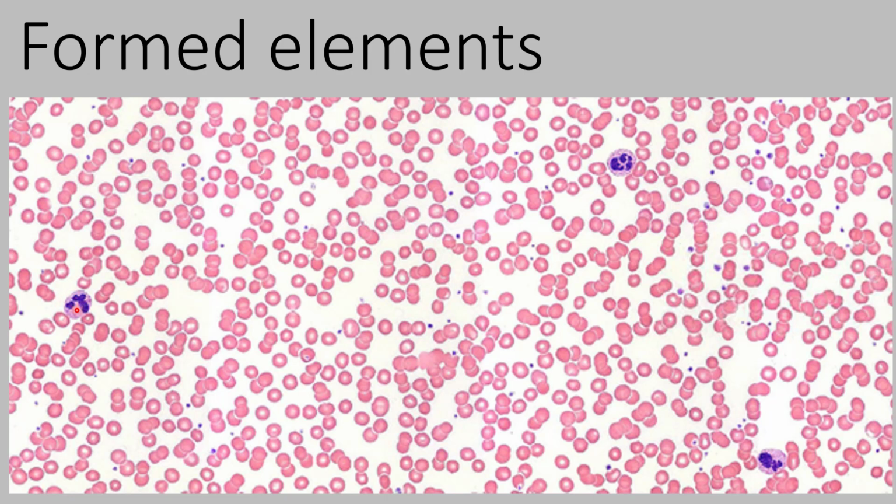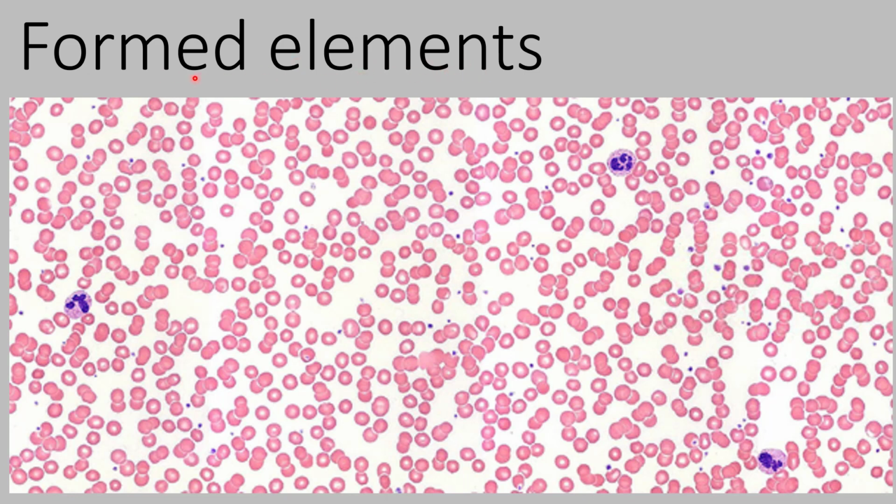And then these larger things with the weird purple blobs inside, those are the white blood cells. And these little purple flecks, or sometimes they don't stain the same, and sometimes they're little pink flecks, those are platelets. So red blood cells, white blood cells, and platelets, these are called formed elements.